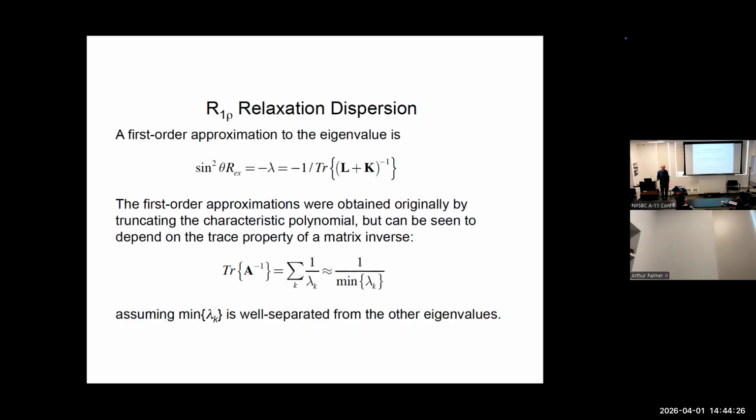So the sum of the inverses will be dominated by the smallest eigenvalue closest to zero. Actually, Hans Koss was a postdoc who realized this, and this generalizes quite easily to more than two states, because you just have a bigger matrix to find the inverse of.